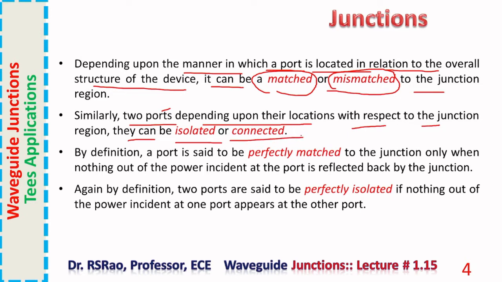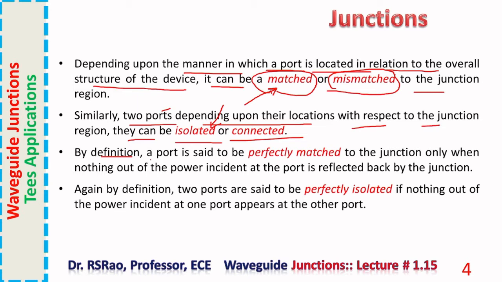The purpose of these two statements is to introduce the terms matched and isolated. We come across these two terms so frequently in microwave engineering, in dealing with microwave circuits, that we need to have a total understanding regarding these two terms.